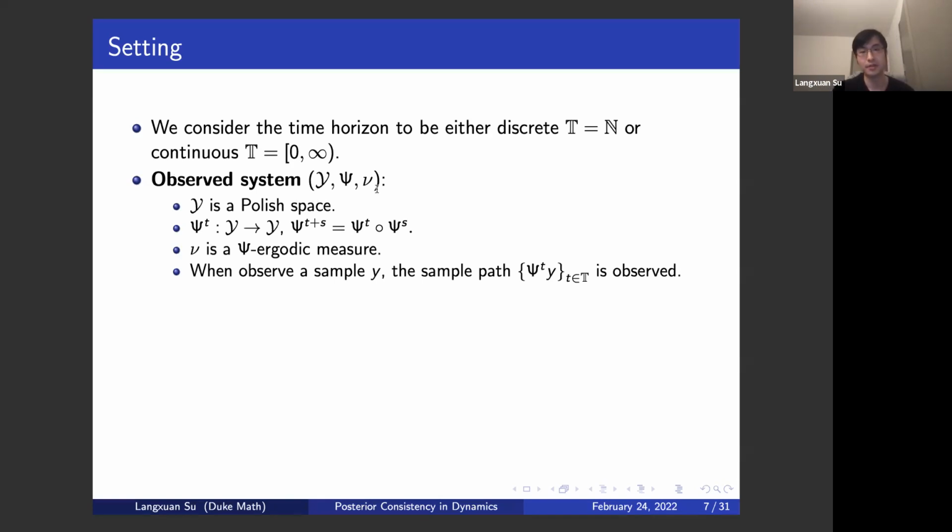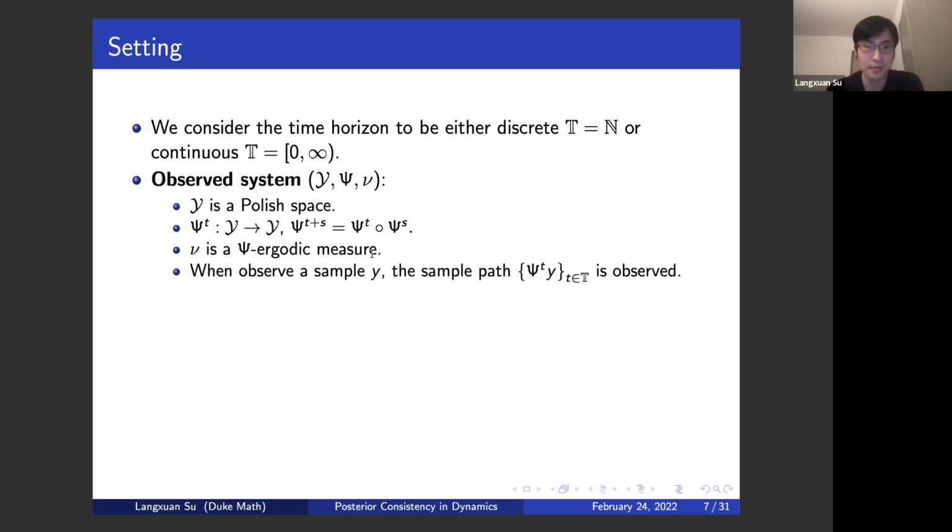Okay, so this observed system is the system that generates the samples. Formally, you have a space which is Polish, which is just a nice space, and then you have the dynamics here, the maps that give you the dynamics on the system, and you have a measure on the system, which is an ergodic measure.